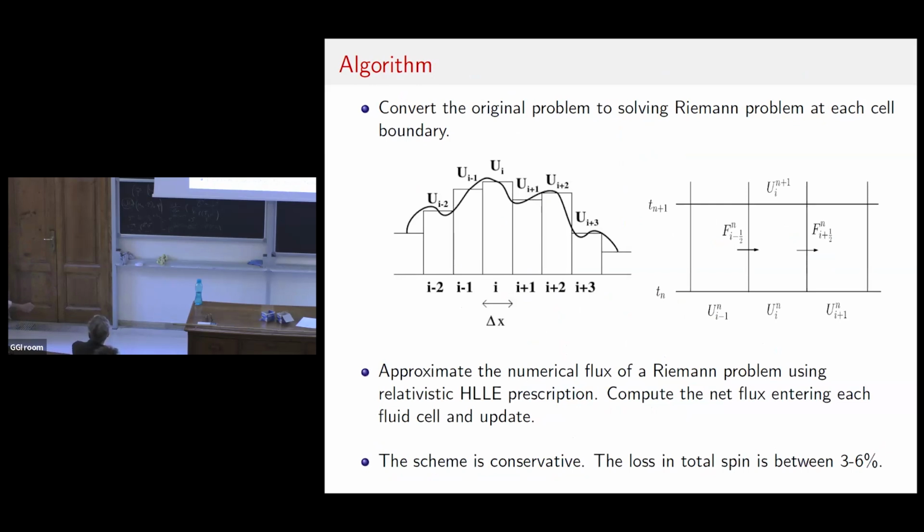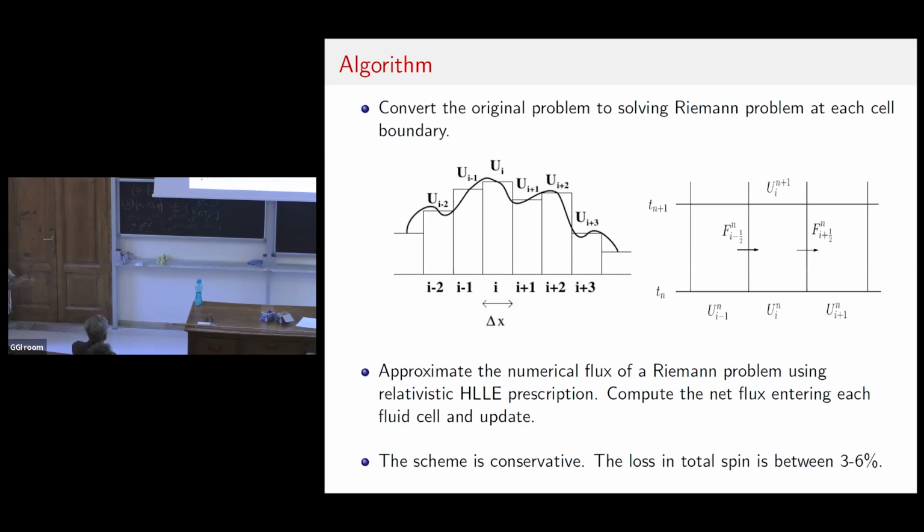After this procedure, at each cell interface we have a left constant state and a right constant state, and we get a Riemann problem. Now, one can solve this Riemann problem exactly or approximately, but the exact solution is computationally expensive. So we've solved these Riemann problems using an approximate Riemann solver, which is based on the relativistic HLLE prescription.